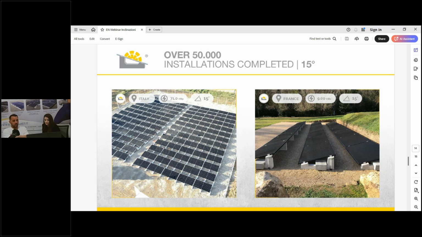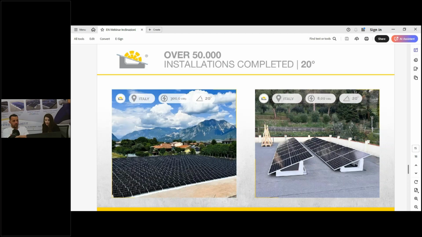Moving to an even higher one, we have a 200 kilowatt installation in Italy and an 8 kilowatt installation in Italy as well, both with a 20 degrees inclination. Is the other one conic or not? No, both of them are single rows, as you can see.